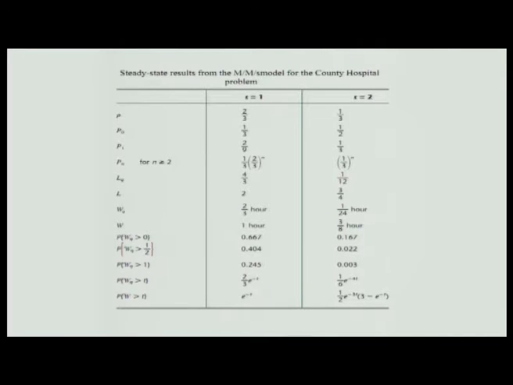Here WQ being 2 by 3, if only one doctor is attending to the patients, then the waiting time is high, whereas it comes down drastically to 1 by 24 hours if S is 2. Then W, the time spent waiting in queue and service, is 1 hour, whereas here it is 3 by 8 hour.